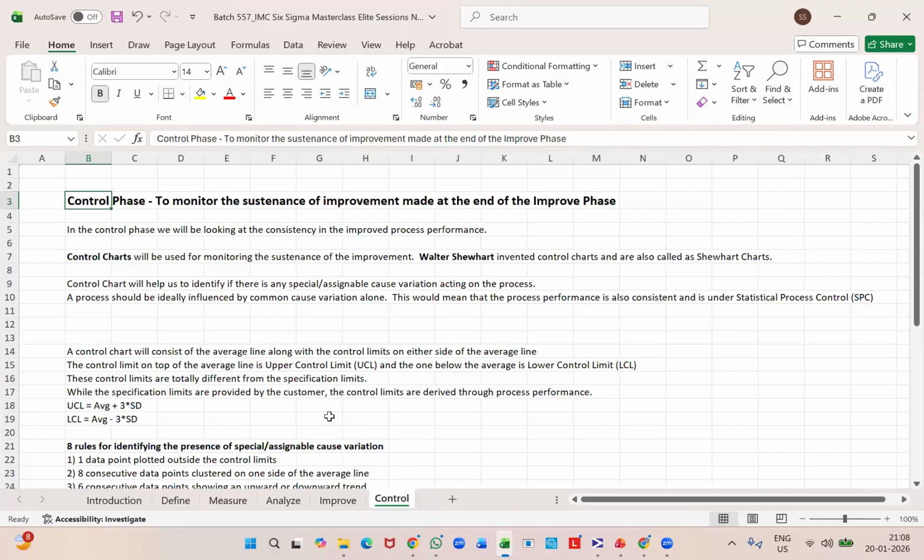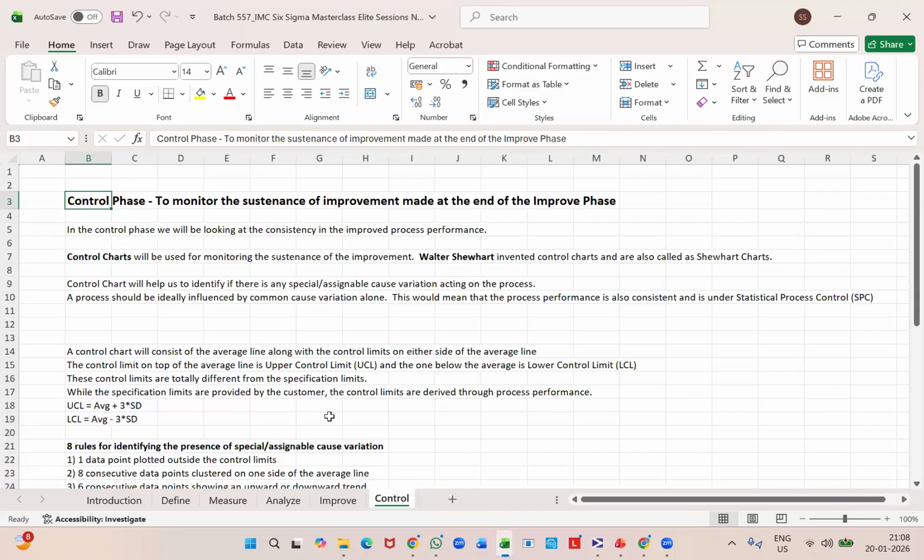There are two things that the project team is supposed to do in order to ensure sustenance of the improvement that the project team has been able to achieve at the end of the improve phase, right? Number one, as I told you at the beginning, they need to look at the sources contributing to the process variation and should have attacked the same as part of the Six Sigma project initiative.